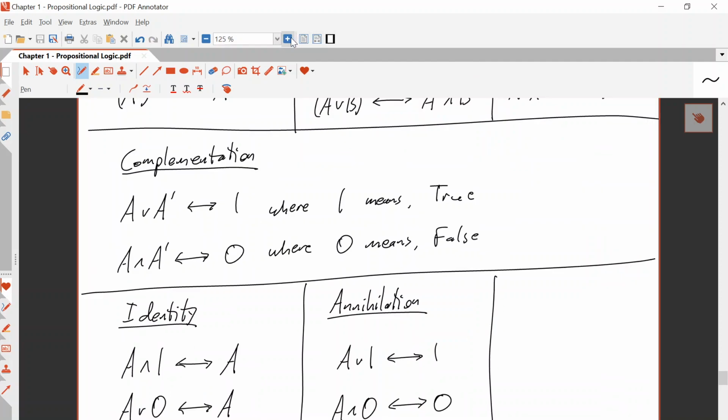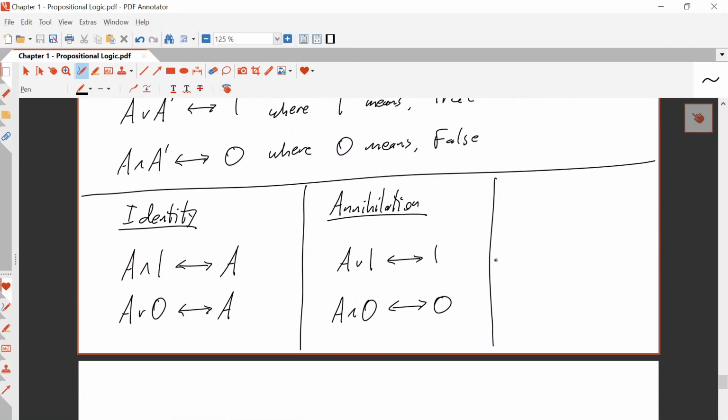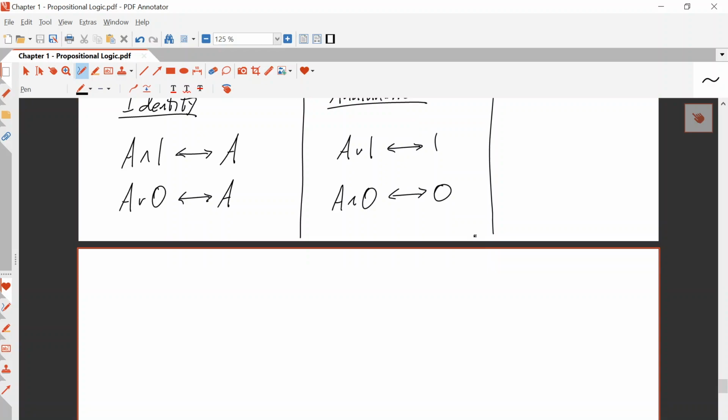Now, what you can do is put these tautologies together to create larger tautologies. So these tautologies are like rules of Boolean arithmetic.